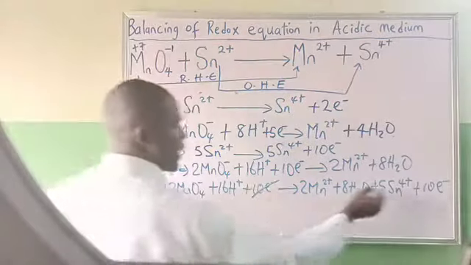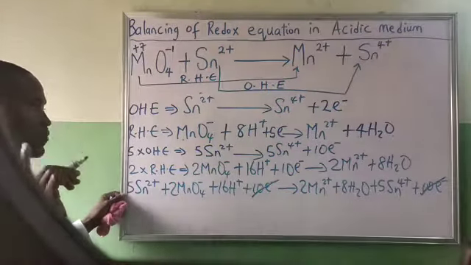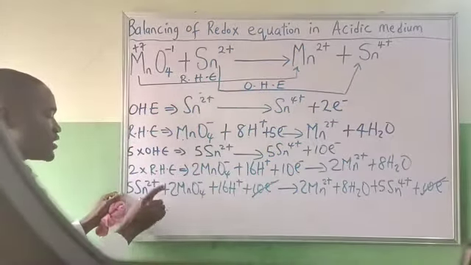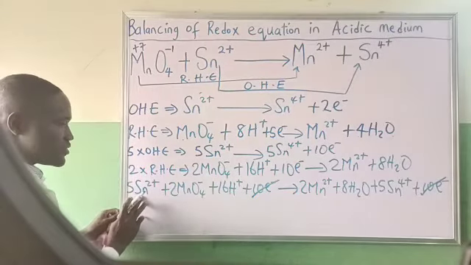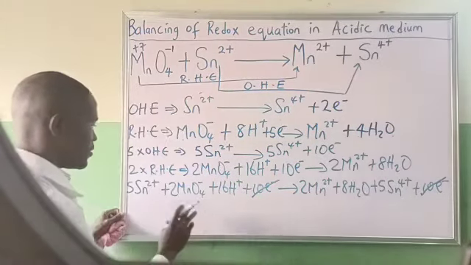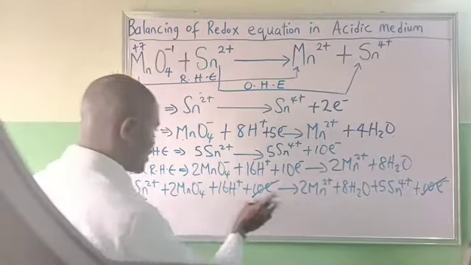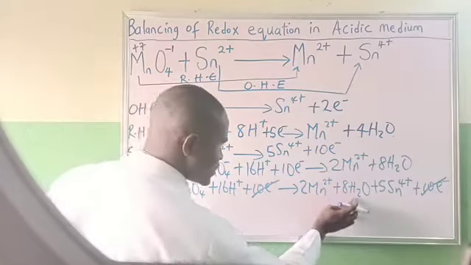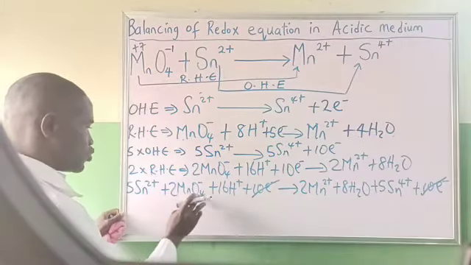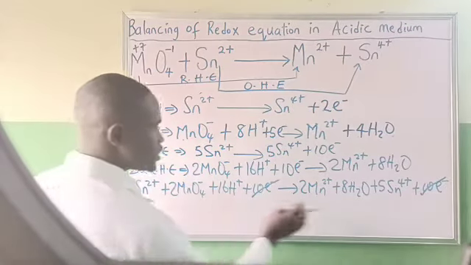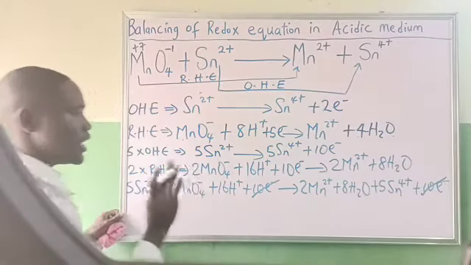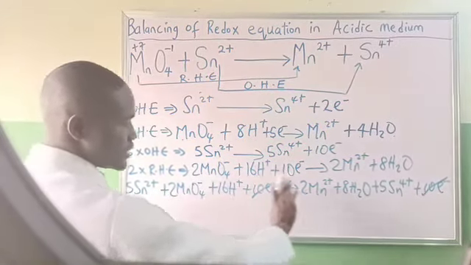Now this will cancel this. Let's check whether everything is balanced. 5 tin, 5 tin, 2 manganese, 16 hydrogen, 16 hydrogen, 2 times 4, 8 oxygen, 8 oxygen. In terms of this, it is balanced.